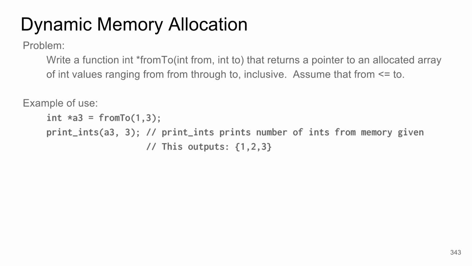Equal to what? To what int pointer are you talking about? Can I see the original question? All we're passing to from is a range of integer values that we want.